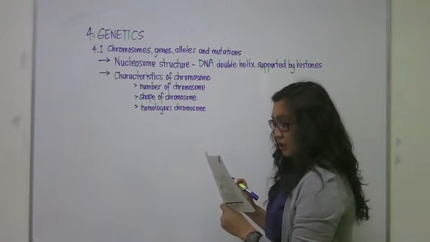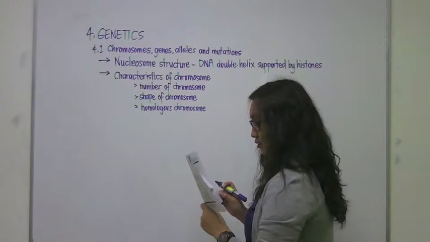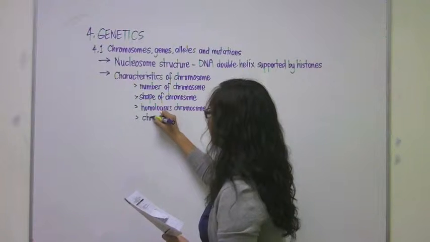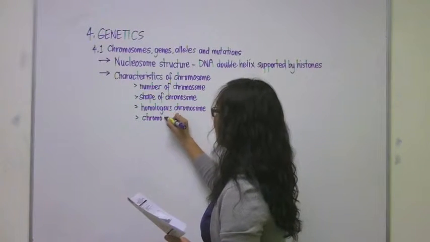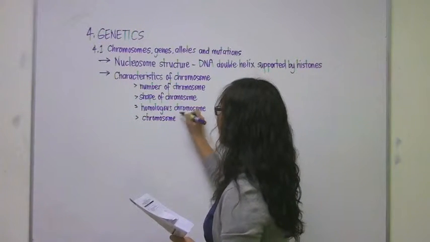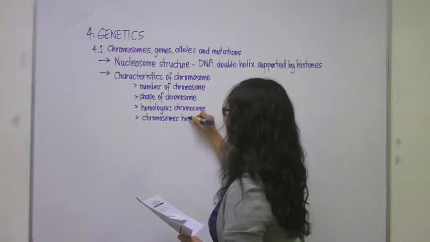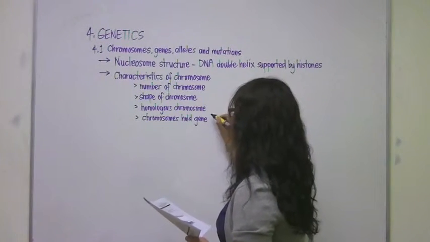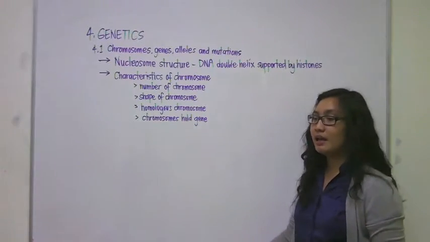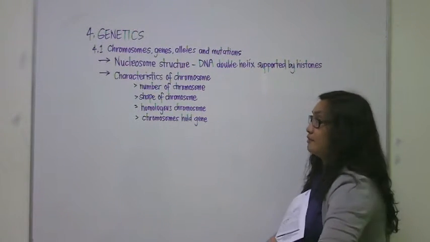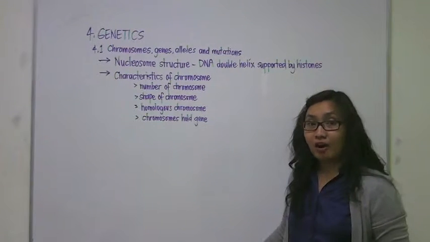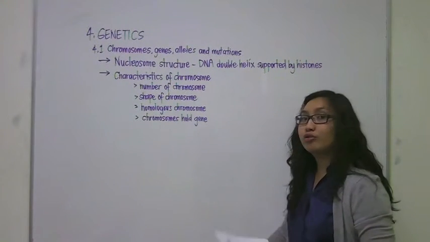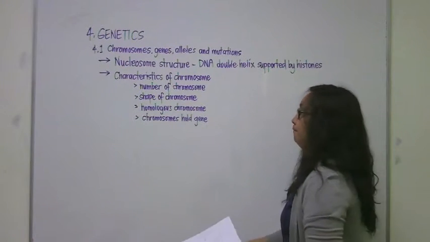We should also include that it is very important for students to know that chromosomes hold genes. And genes are the heritable factors that are inherited by offspring, which code for a specific characteristic.